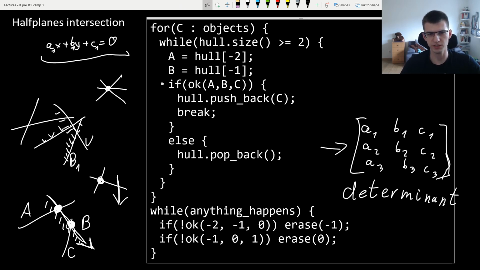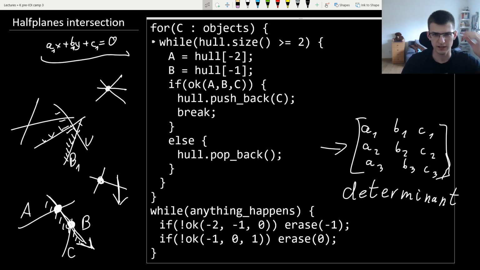My implementation sometimes here is, instead of a while loop, I say something like if is below or covered A, B, C, then I pop back this B, and otherwise I break, and then do push back. One more detail.